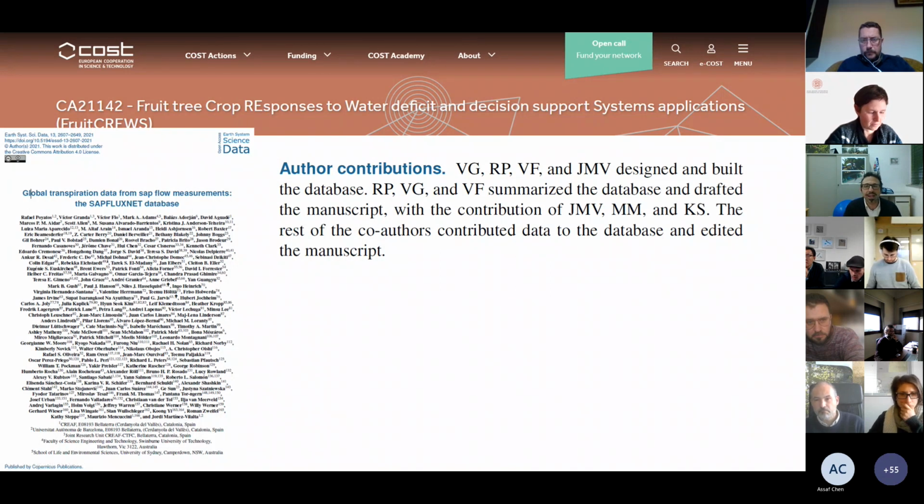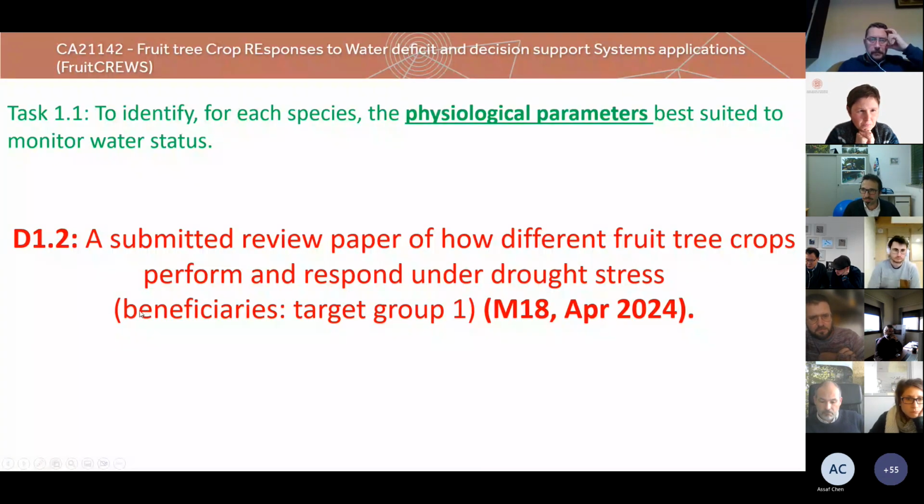So that can be an advantage for all of us, sharing and taking care of the database. Also, the quality of the data shared within the database: not just one number, but a group of numbers, good quality data. This helps us to summarize and try to make some relationships.